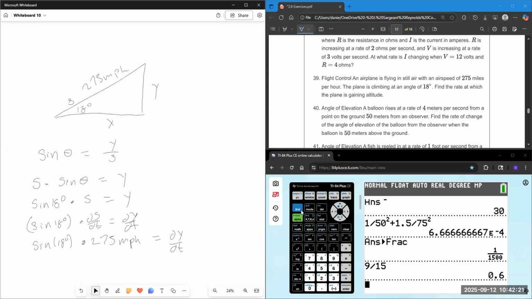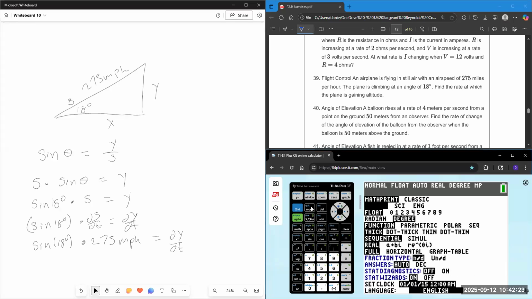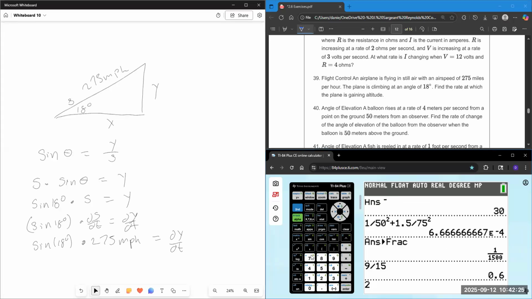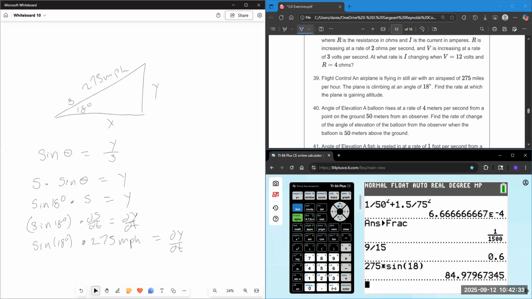So make sure that you are in degree mode here, and 275 times sine of 18 is dy/dt is 84.9797, and that's going to be in miles per hour.